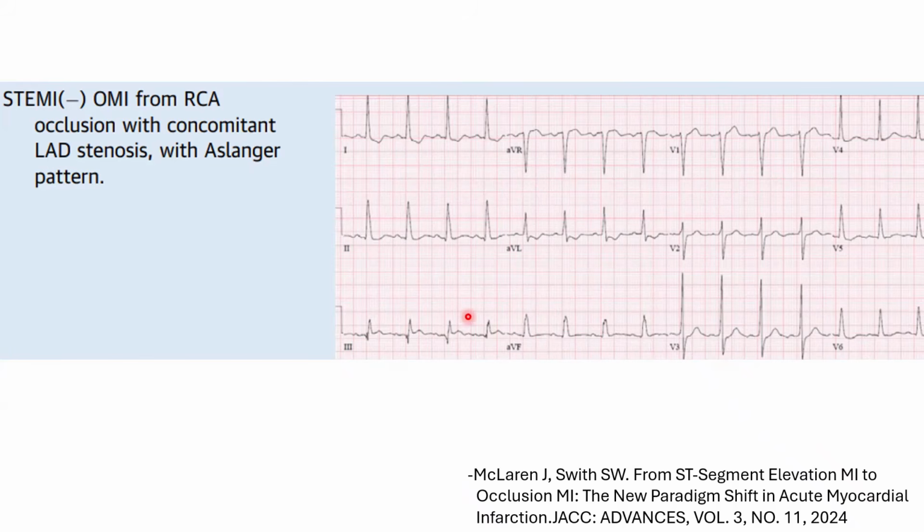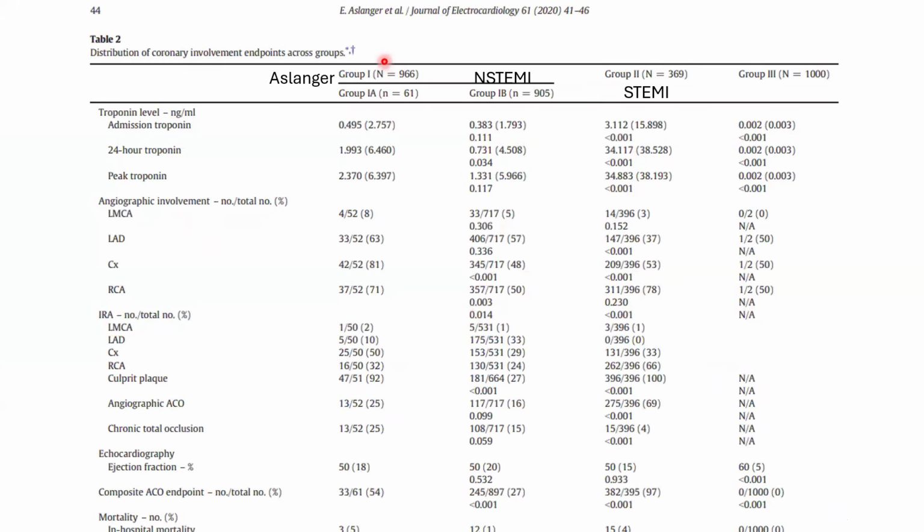Again, Aslanger pattern out of all those patterns is the one that is least strongly suggestive of OMI in my experience. And not just my experience, based also on the Aslanger paper, where patients with Aslanger pattern had a troponin that is way lower than the STEMI troponin, 2.3 versus 34.8 troponin. Although their troponin was higher than the classic non-STEMI.